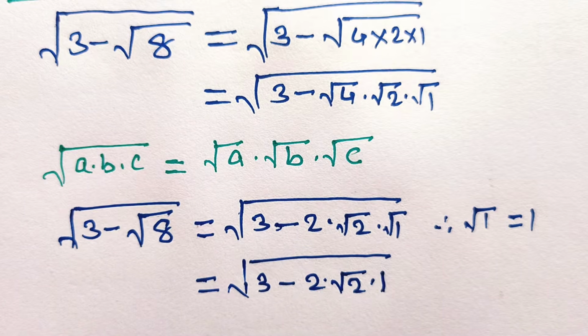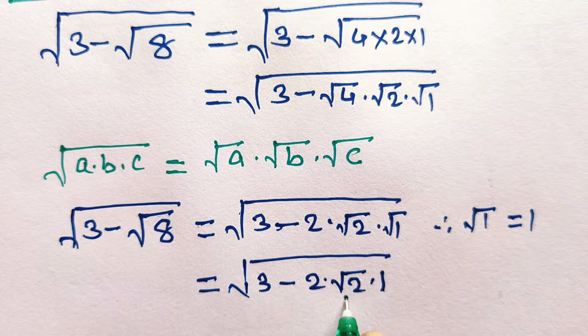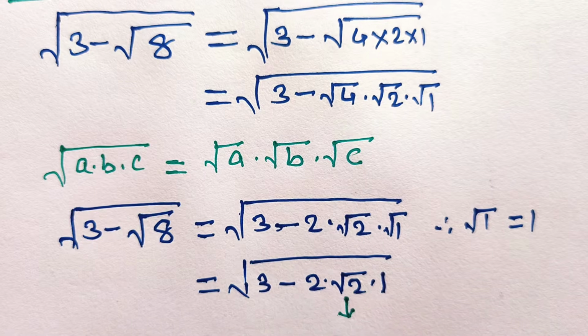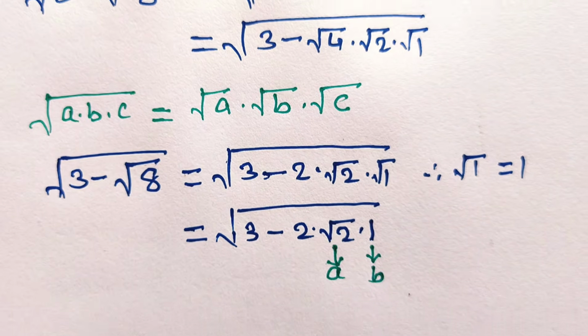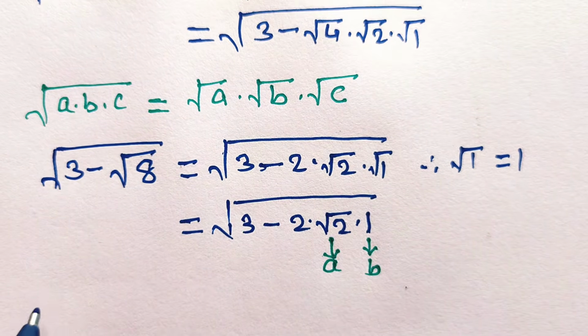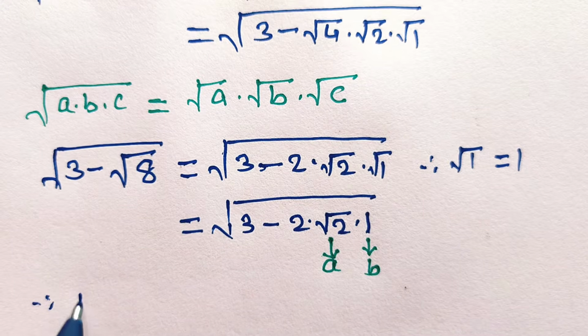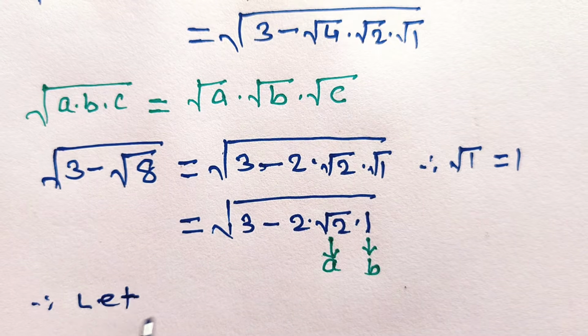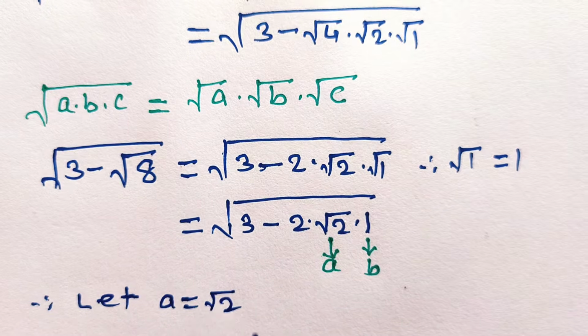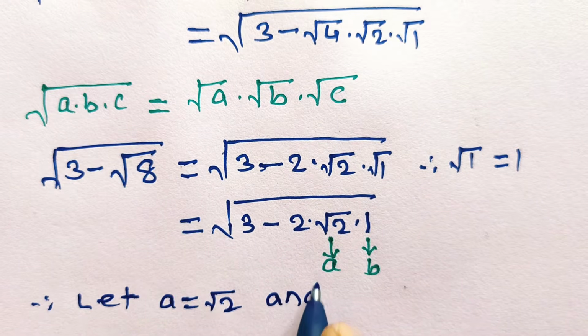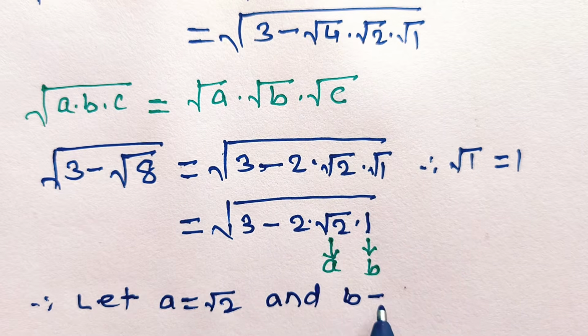Now, let us assume square root of 2 is equal to a and this one is equal to b. Hence, let a is equal to square root of 2 and b is equal to 1.